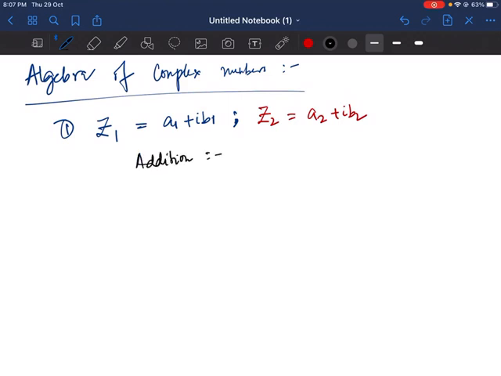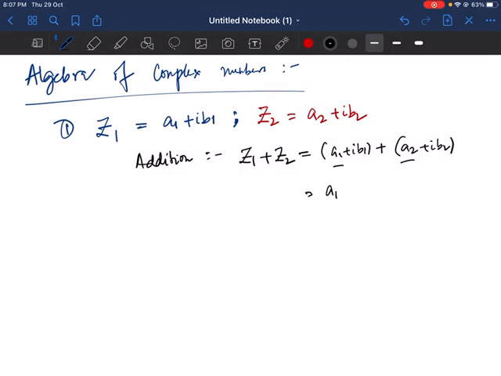Addition means z1 plus z2. So I write the two complex numbers: a1 plus ib1 plus a2 plus ib2. Addition gives us: the corresponding real parts are added and the corresponding imaginary parts are added.